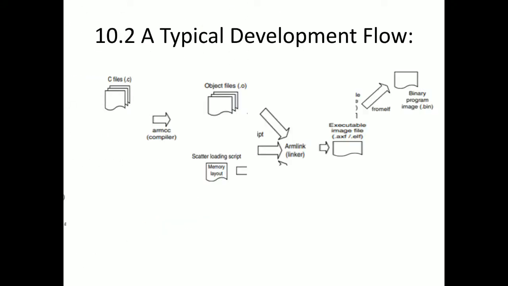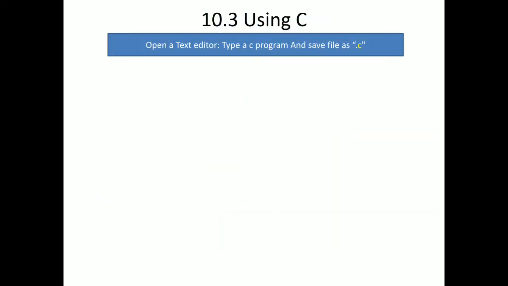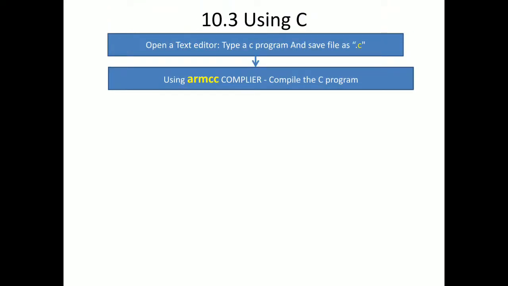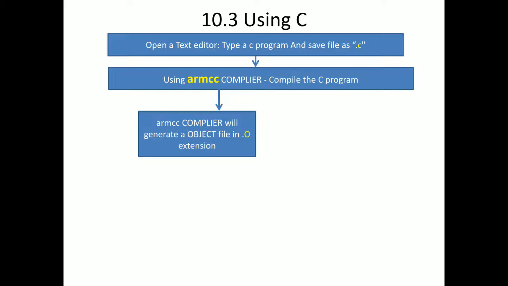Okay, first we will open the tool and write the C program and save it as .c. Then it will be sent to the compiler. While executing, we will go to the command prompt and use some commands to execute this program. We'll send it to the ARMCC compiler, then compile the C program. It will generate an object file with the .o extension.